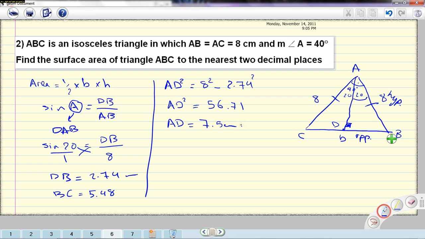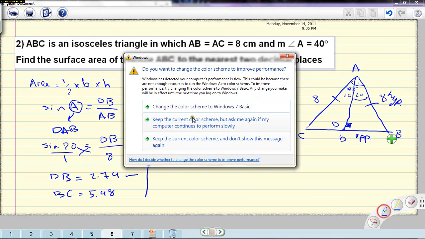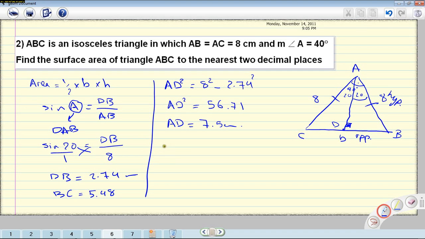Okay, I want to get the area now. The area, it's half times base times height.